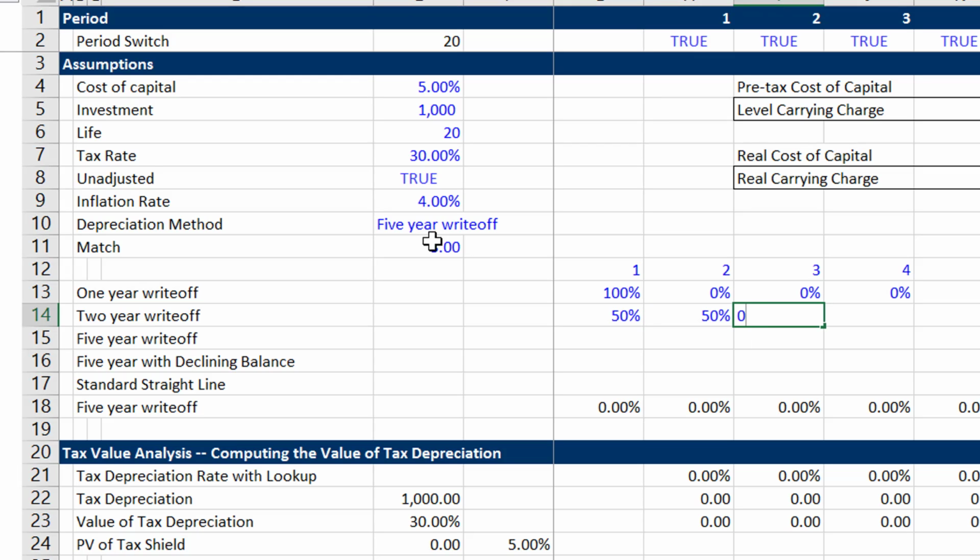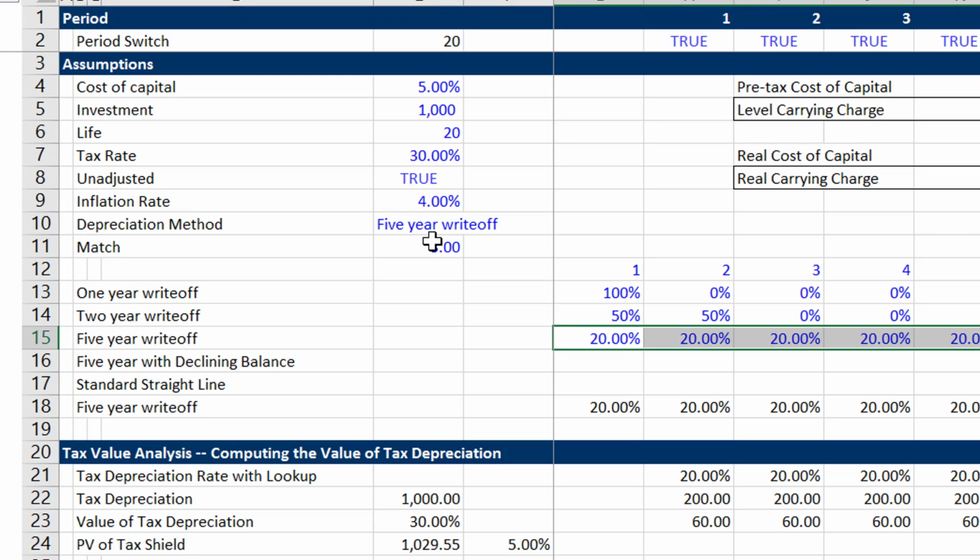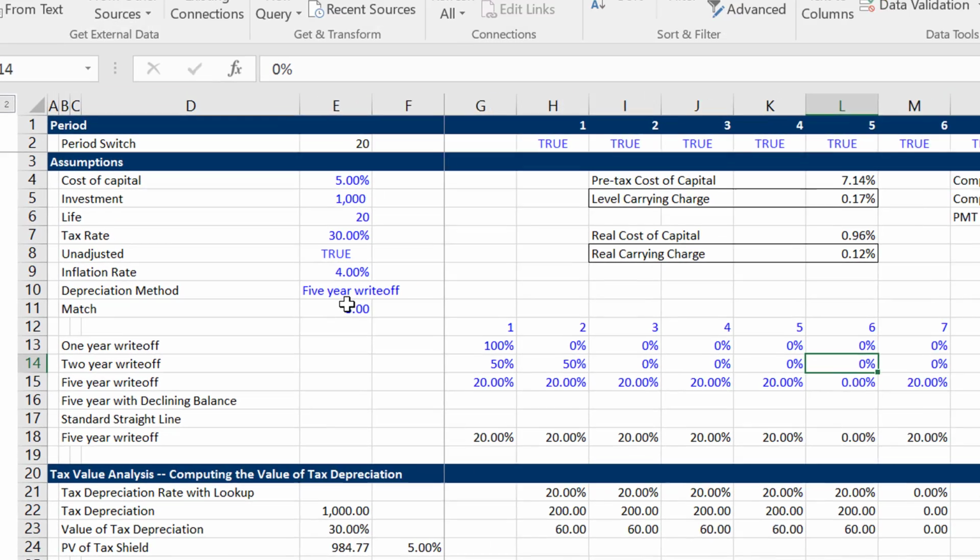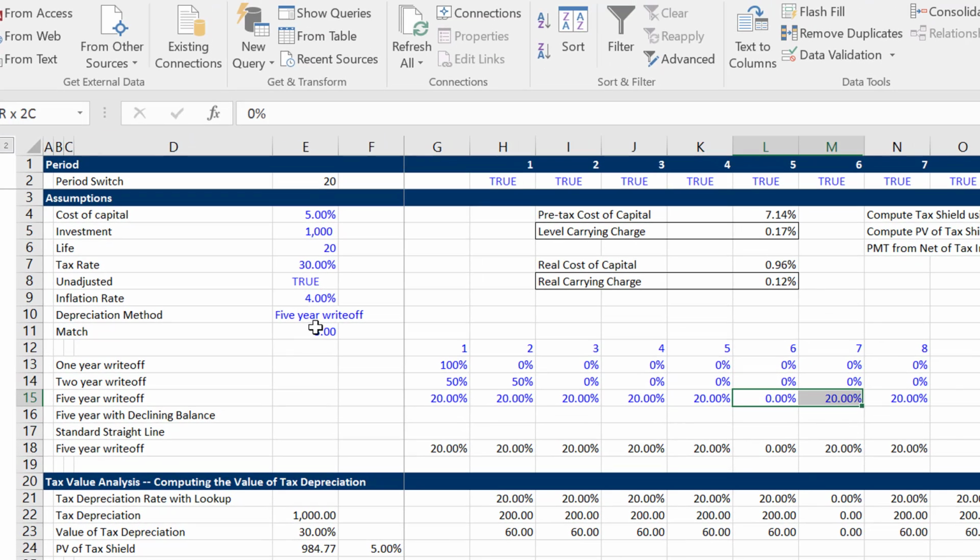Okay. And I feel guilty about making you do this. Equal 1 divided by 5 years, as I say. Put zeros, and then let's do our variable declining balance for 5 years.